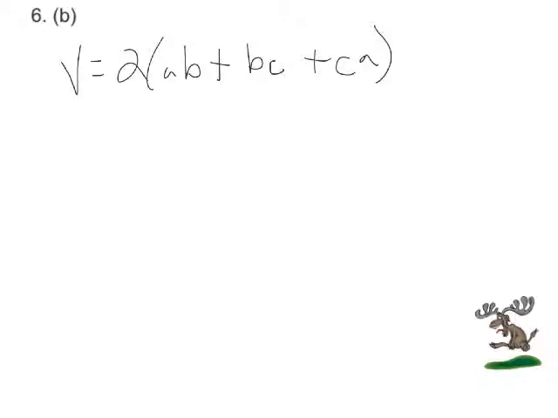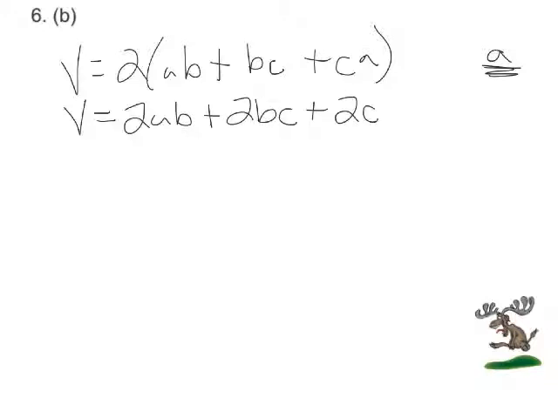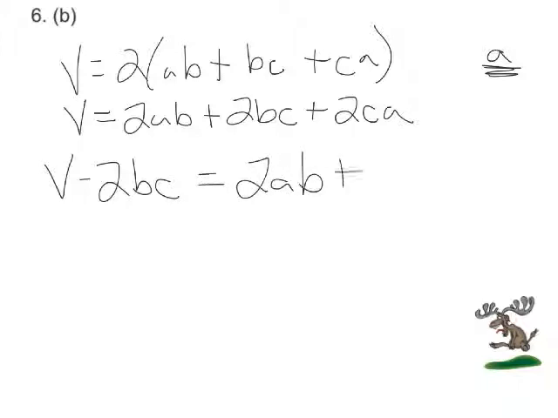All right, 6b, we have the equation v equals 2 times (AB plus BC plus CA), and we're solving it for A. So what we need to do is isolate the A. The first thing I'm going to do is distribute that 2, so 2AB plus 2BC plus 2CA. Now I'm going to subtract the non-a terms to the other side of the equation. So v minus 2bc equals 2ab plus 2ca.